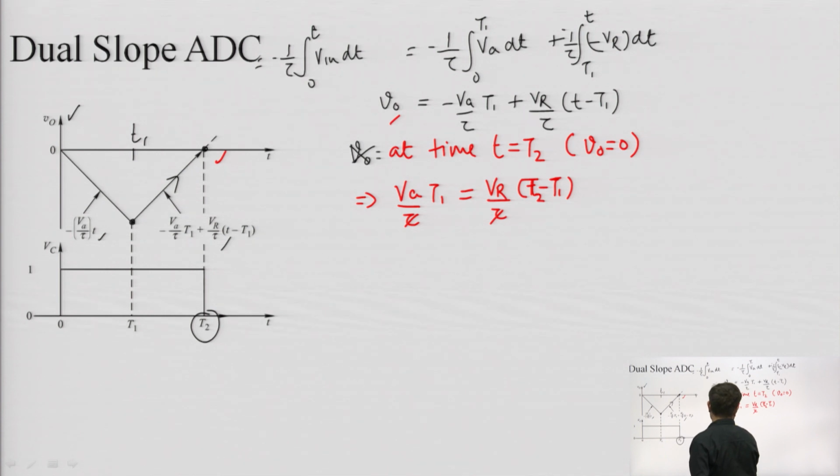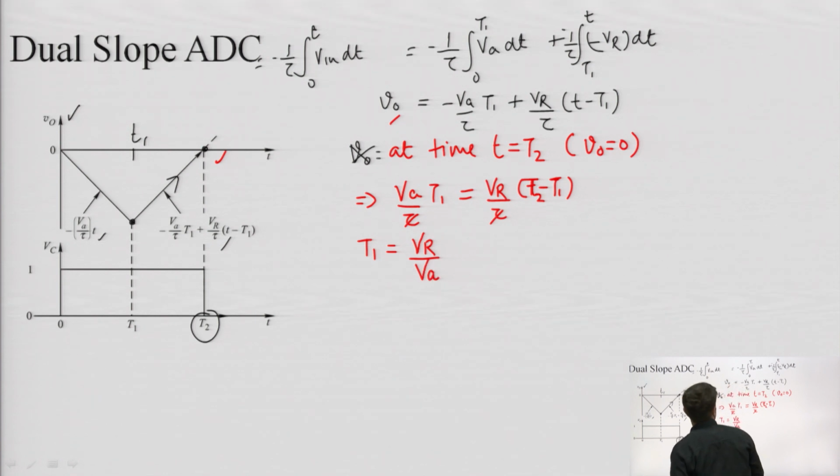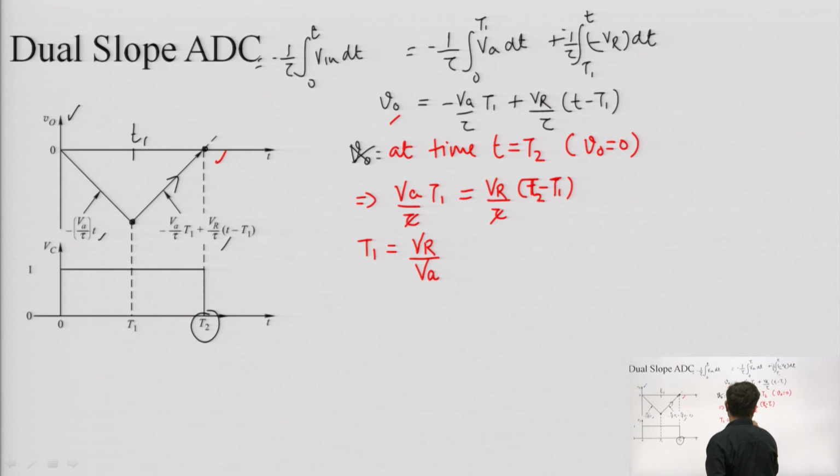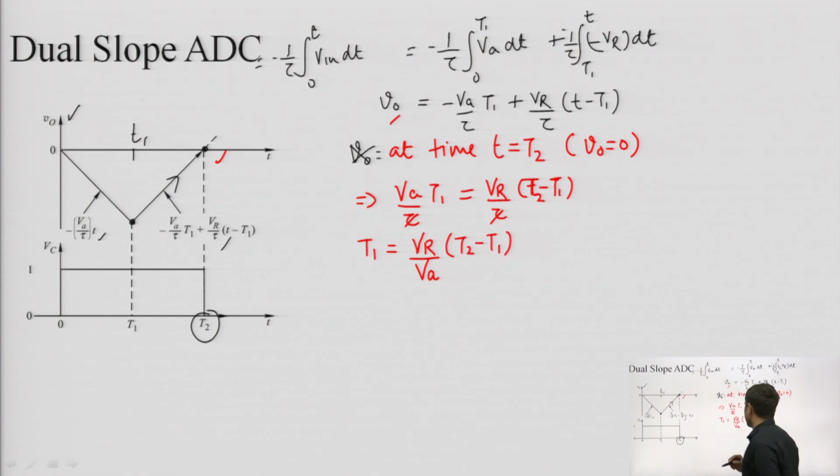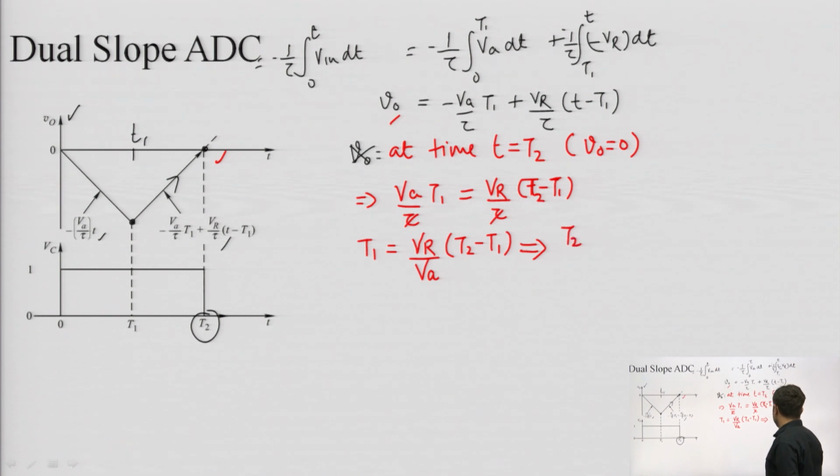So we can see that t1 is equal to VR by VA into t2 minus t1. From this we can write t2 minus t1 will be equal to VA into t1 upon VR.